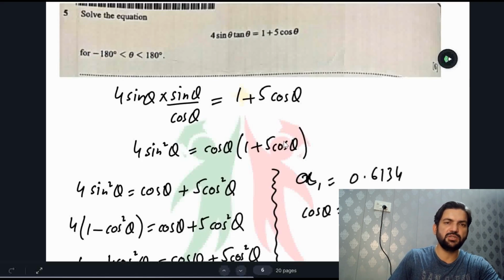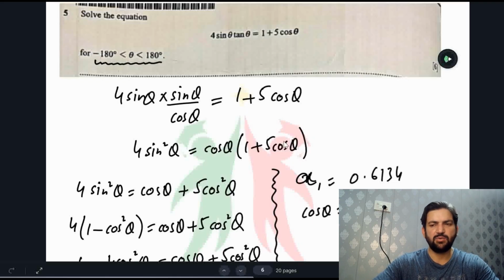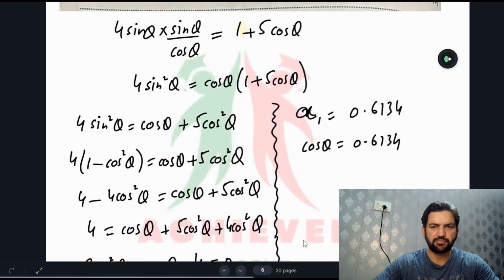Now we have to see the range. The range is in degrees first of all, and it will include positive degrees as well as negative degrees. So from here we can apply the CAST.